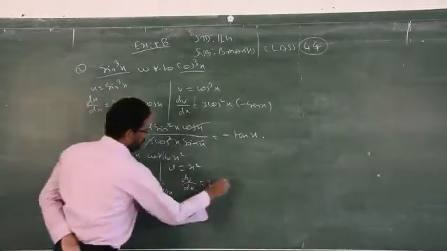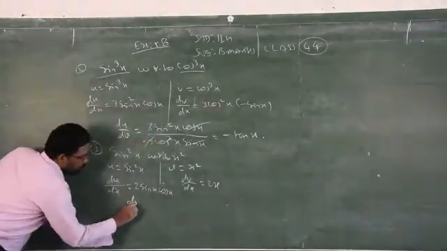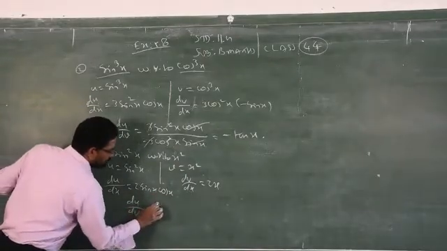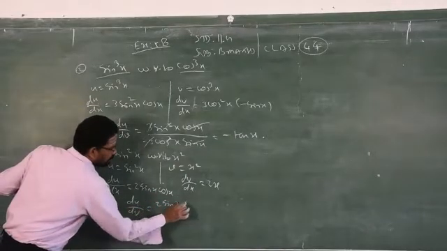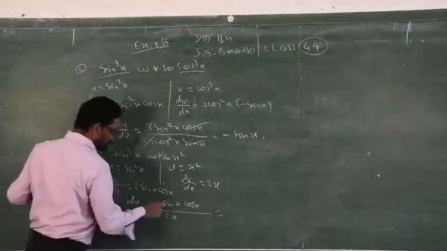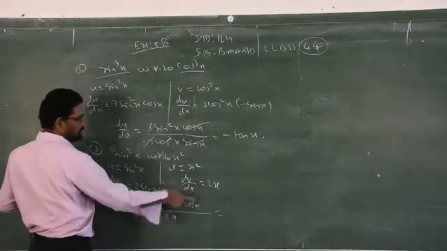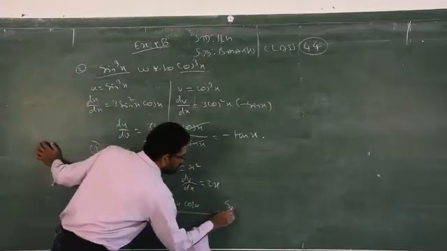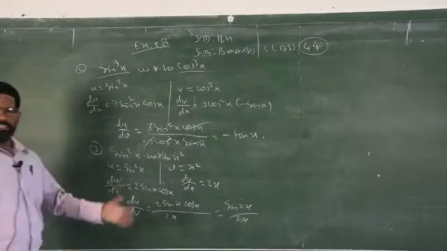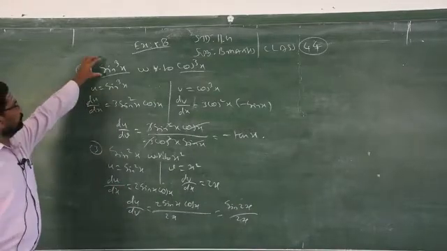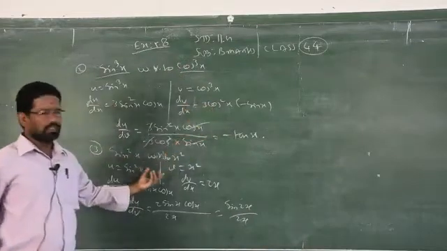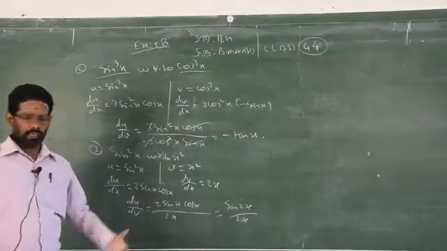As usual, what will be the answer for du by dv? This is 2 sin x cos x by 2x. So this is nothing but 2 sin theta cos theta; just now I gave the formula, that is sin 2x by 2x. This is the required answer. Very simple. You take this as u, with respect to v, differentiate, substitute, and you will get the answer.